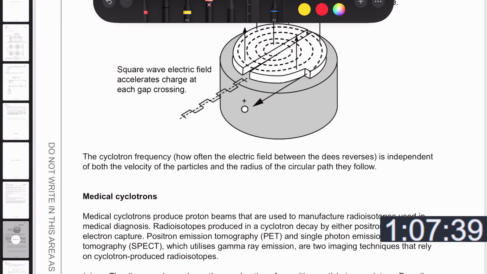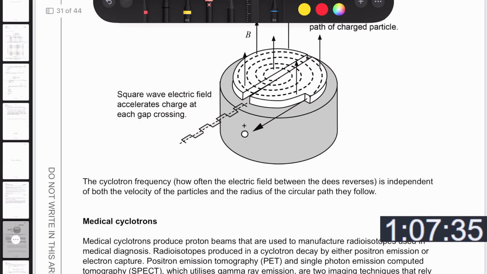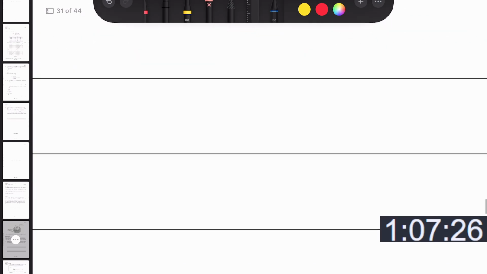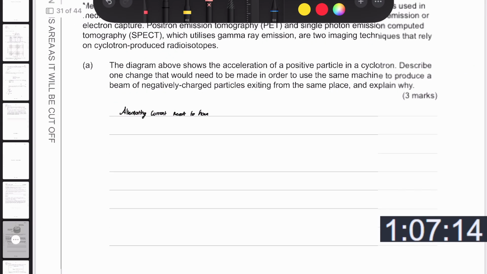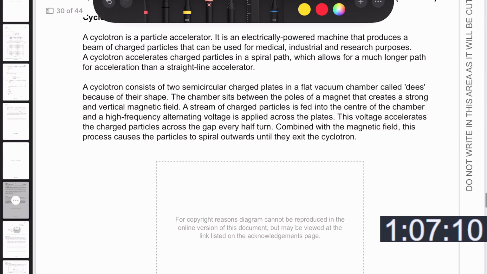So the electric field frequency needs to, so let's say alternating current needs to be reversed, to have the voltage accelerate.